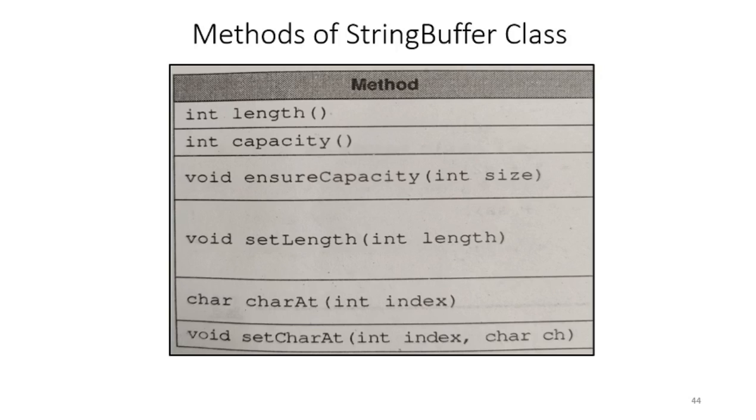The next one is char charAt(index). It returns the character at the position denoted by the integer index, which is passed as a parameter to that function. The first character of the string is at index 0.